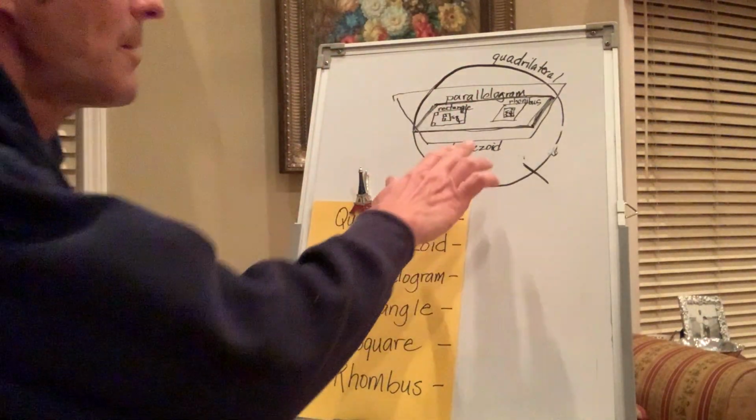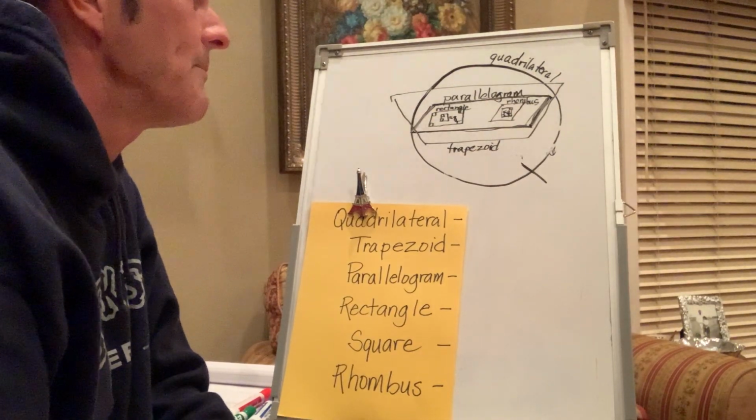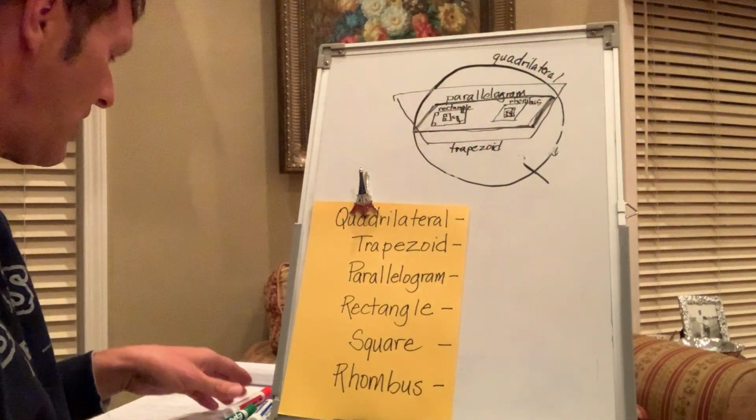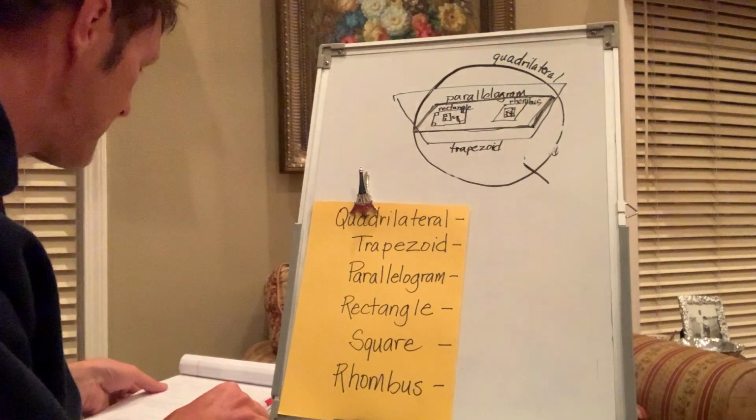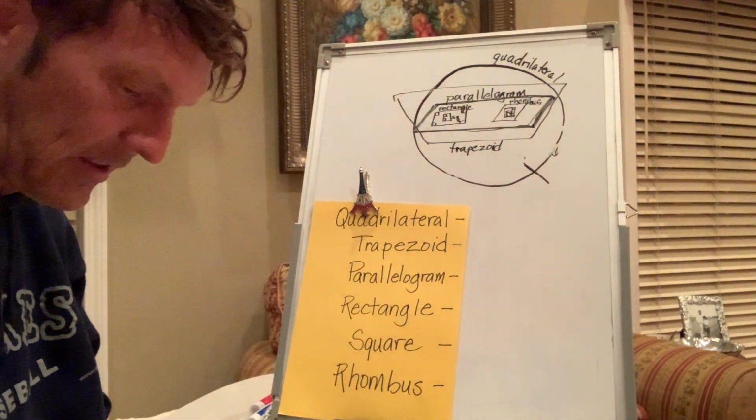Parallelograms have 2 sets, trapezoids only have to have 1 set. That may be confusing, so just be prepared that you have to do some extra thinking there.